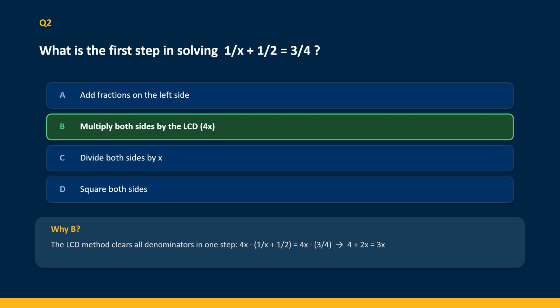The least common denominator method is preferred precisely because it clears all denominators in a single operation. This question also reinforces the limitation of cross-multiplication noted on the earlier slide. Cross-multiplication cannot be applied here because the equation contains 3 rational terms rather than 2.